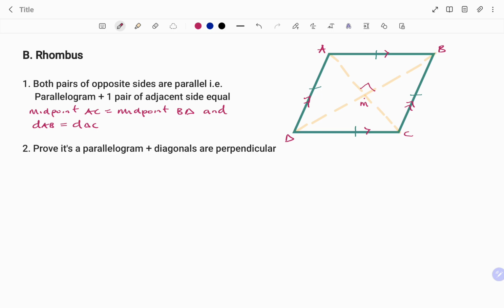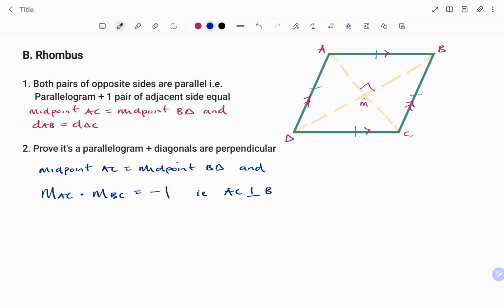So the first step, you still need to prove that it's a parallelogram, and I can do that by saying the midpoint of AC is equal to the midpoint of BD, and the gradient M of AC multiplying the gradient of BD will give you -1. That shows that the line AC is perpendicular to the line BD.